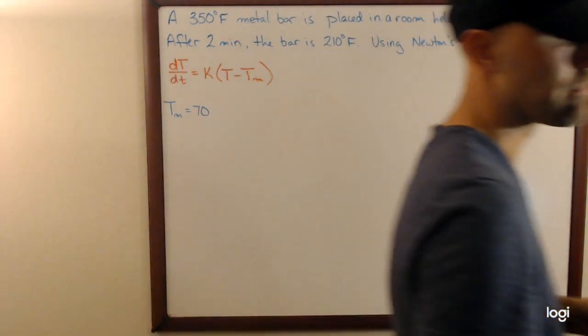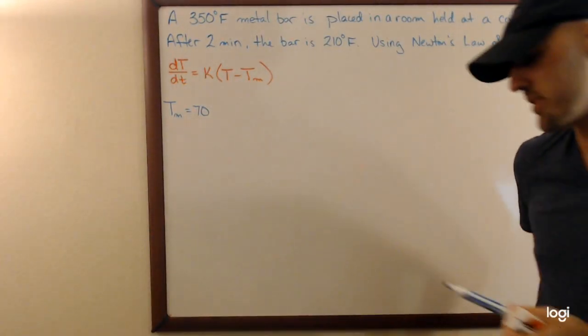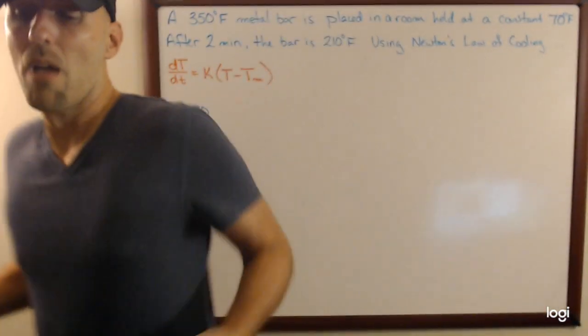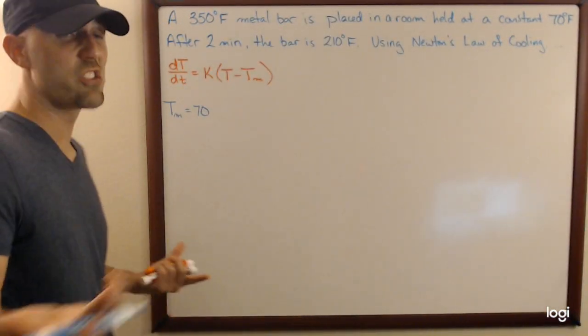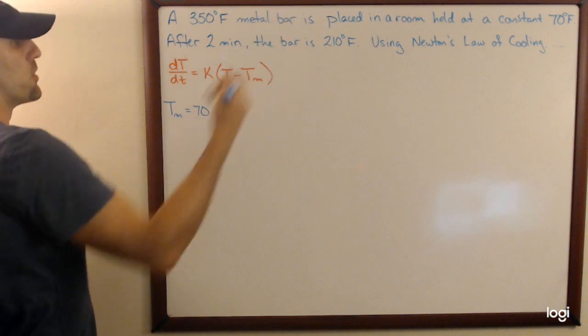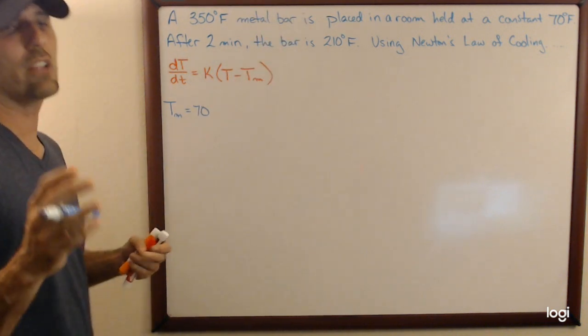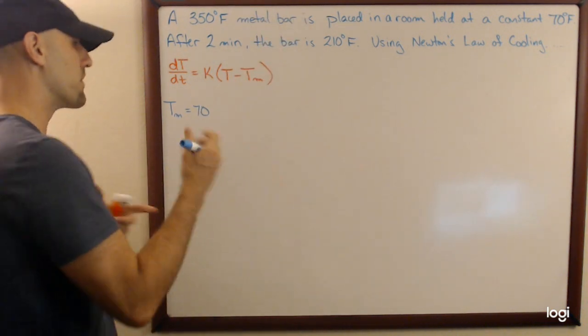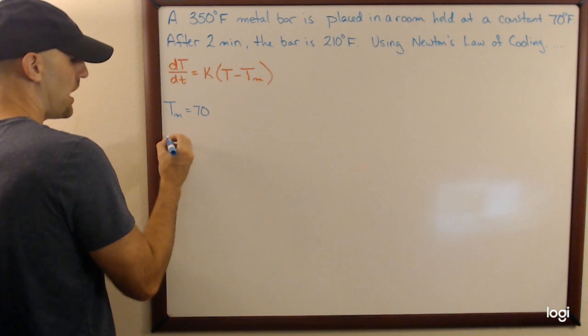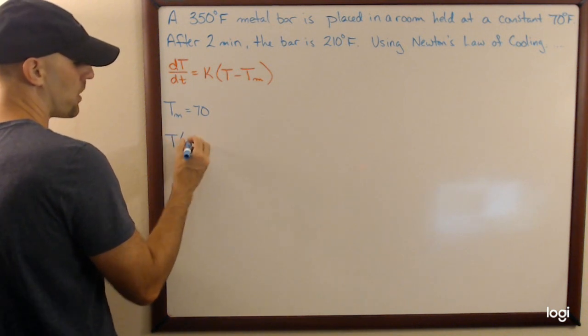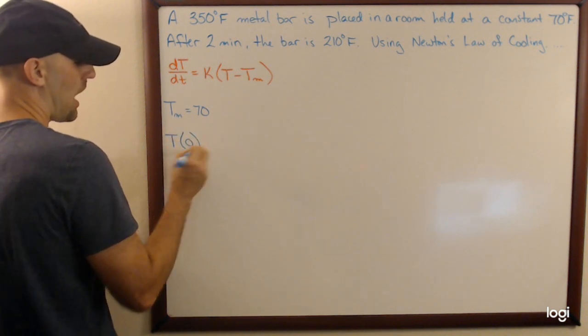Now what else? Well, I know the temperature of the bar when we start. It says a 350 degree metal bar. If I'm trying to write temperature as a function of time, then it'll be the temperature at time 0.